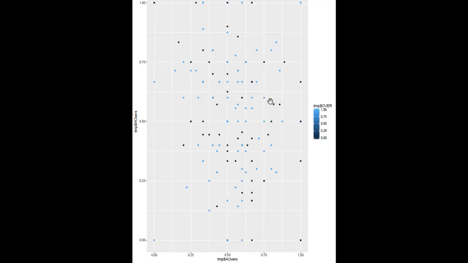So basically, if the game had 3 or more goals, then it's a light blue dot. If it had less than 3 goals, then it was a dark blue dot.